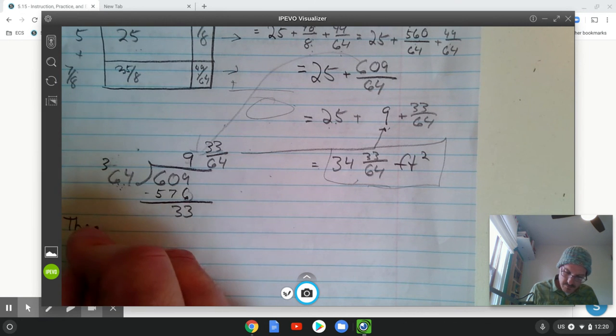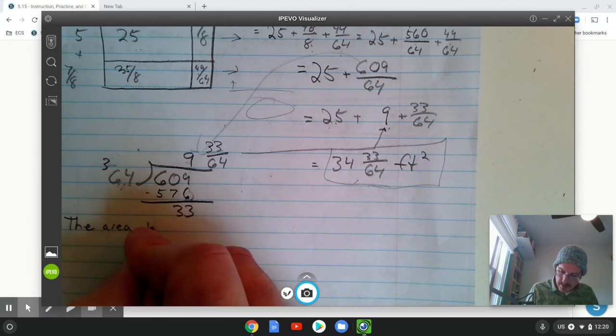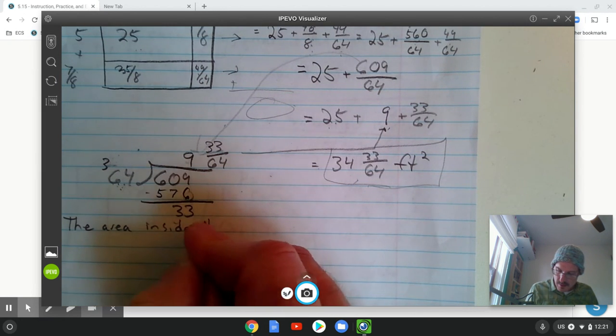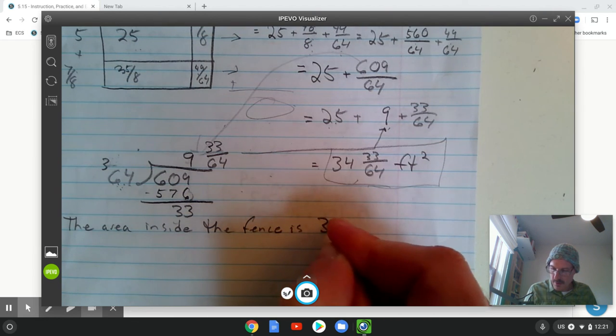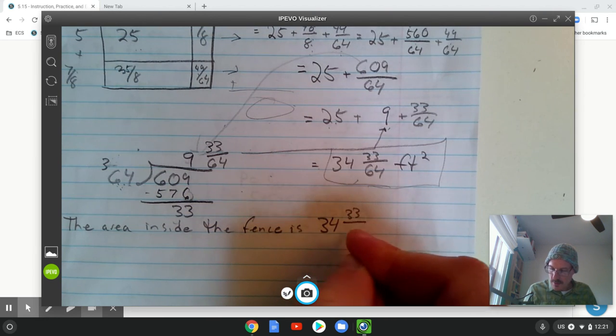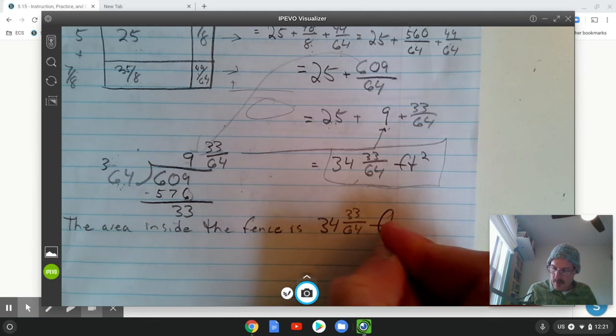The area inside the fence is 34 and 33 64ths square feet.